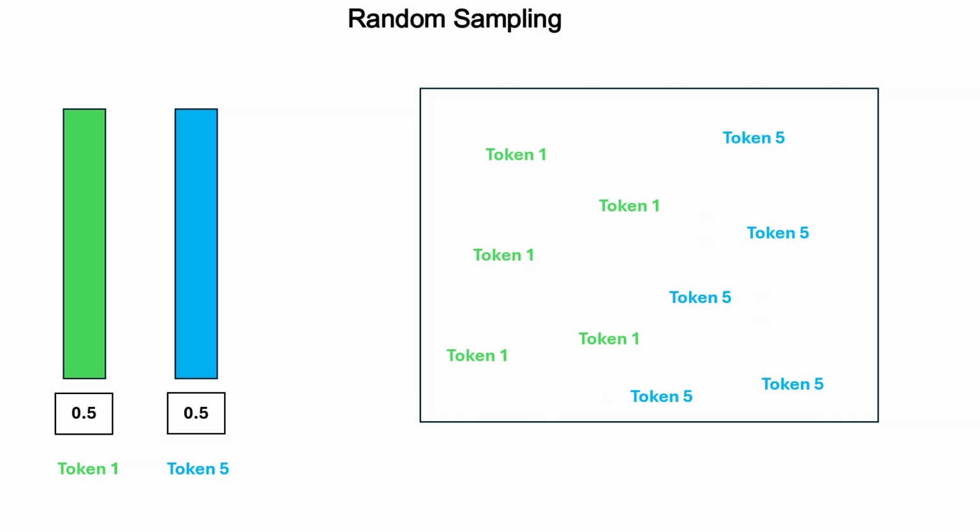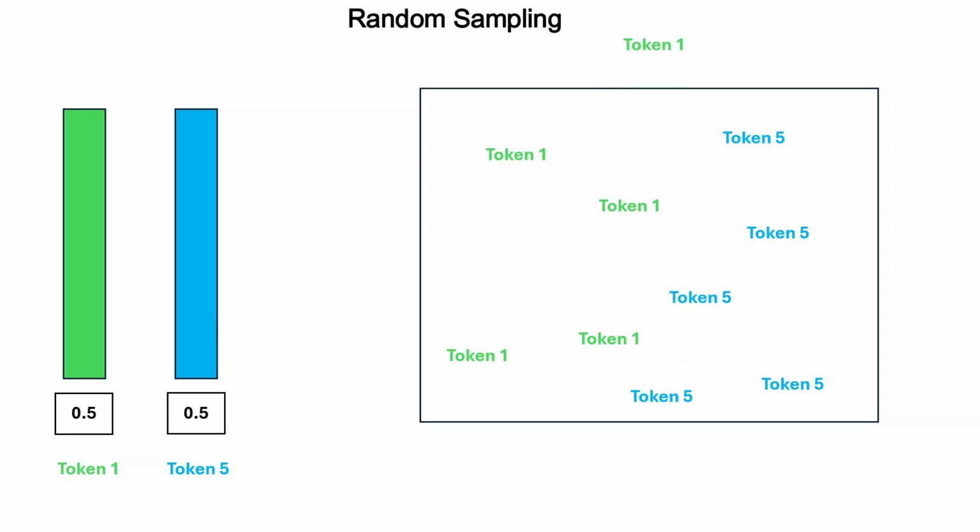Now we will randomly pick one token from this box and we will repeat this process 100 times. In the first attempt we may pick token 1 and in the second attempt we may pick token 5 and in the next attempt we may pick again token 1.